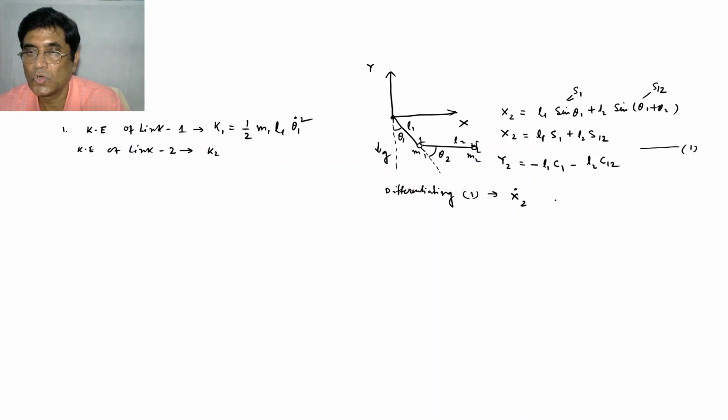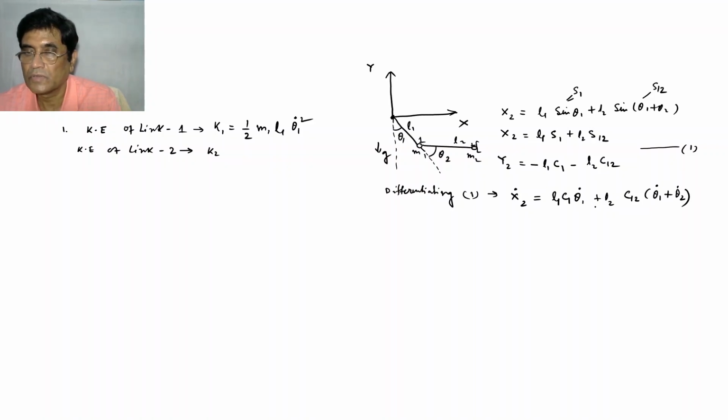X2 dot equals L1 cos theta 1 theta 1 dot plus L2 cos theta 1 plus theta 2, theta 1 dot plus theta 2 dot.